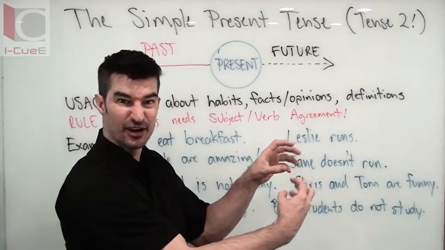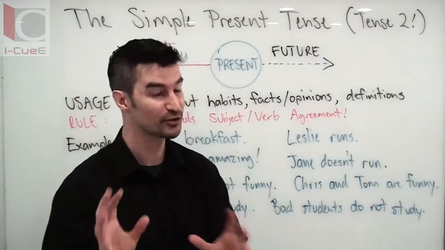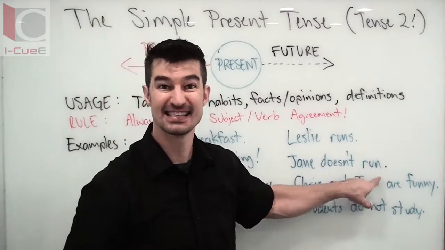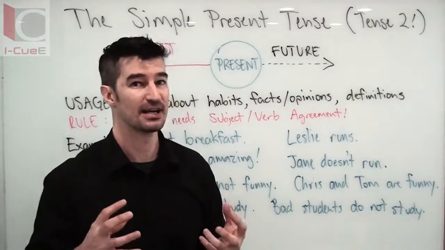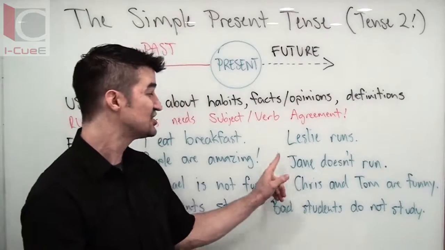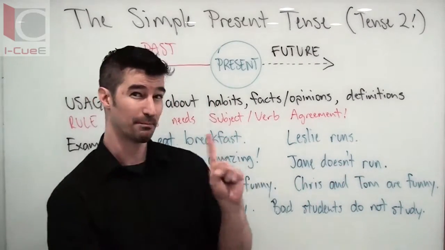When we put them together, either don't or doesn't. That's the subject-verb agreement rule. And then the main verb, the verb that is the main idea verb we're talking about, which, you'll notice, doesn't change. We don't say Jane doesn't runs, even though Jane is only one person.